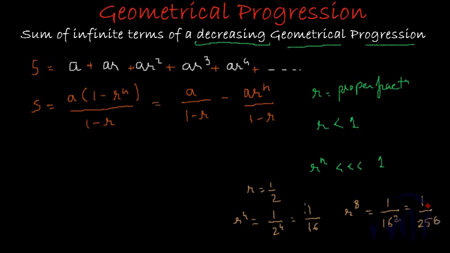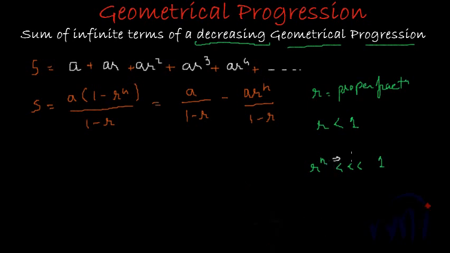So which is lesser? Yes, definitely. Here, if we see carefully, r to the power 8 is much lesser than r to the power 4, right? And so, if we continue to increase the value of n to infinity, we can reduce the value of r to the power n to 0 or to a negligible value, right?